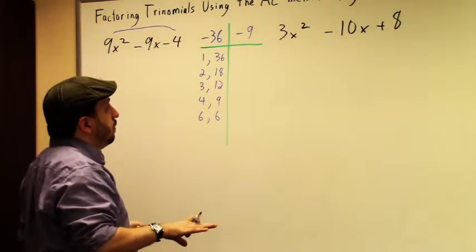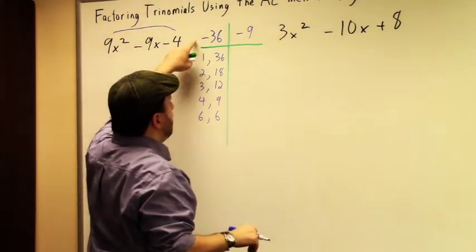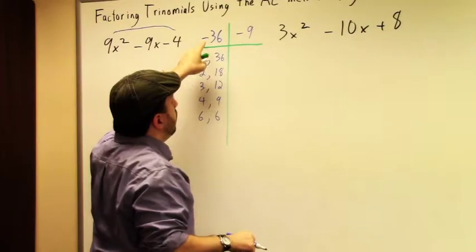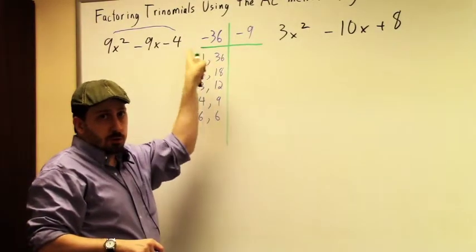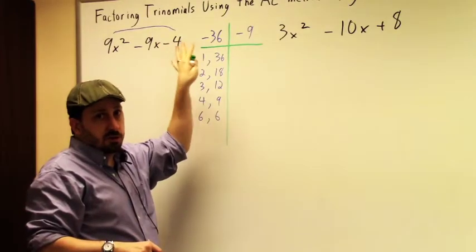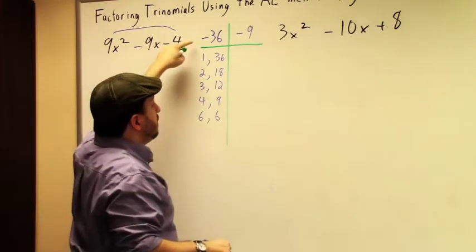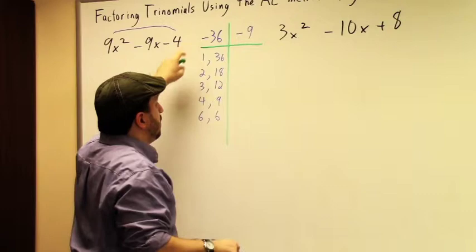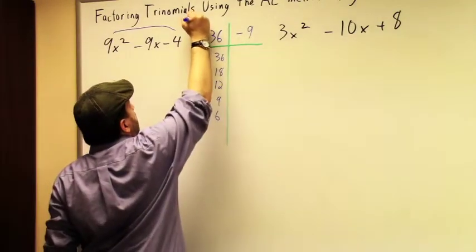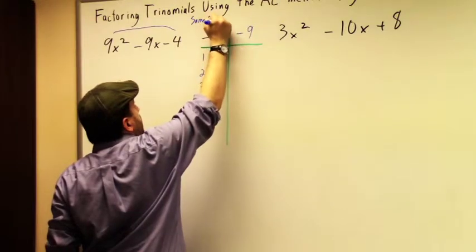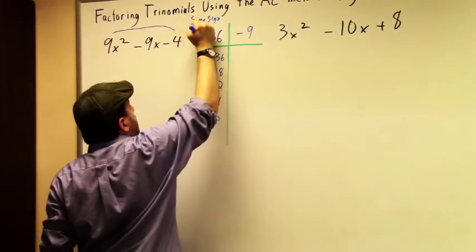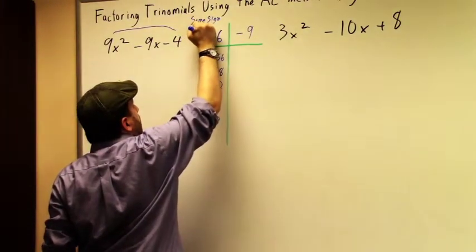Okay? What we're going to do is look at the signs of the two numbers up here. I don't really care about how large these numbers are compared to each other. All I'm really focused on is the signs. Okay? This number, the left-hand side, is going to tell you if they're the same sign or if one of them is negative.